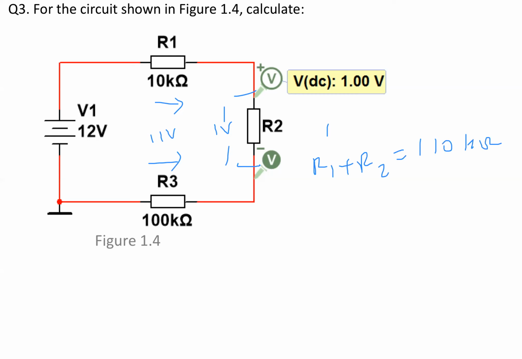Yeah. Now, the voltage drop across R1 plus R3 between these two points will be 11 volt. So can you guys find the current through the circuit now? Let's say it is I.